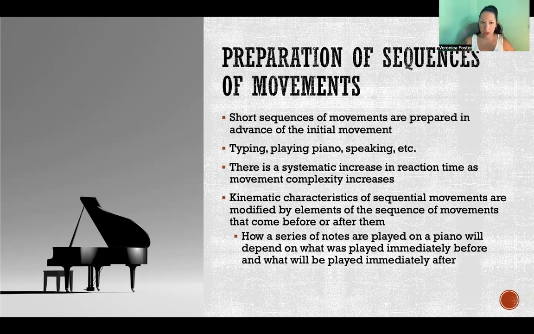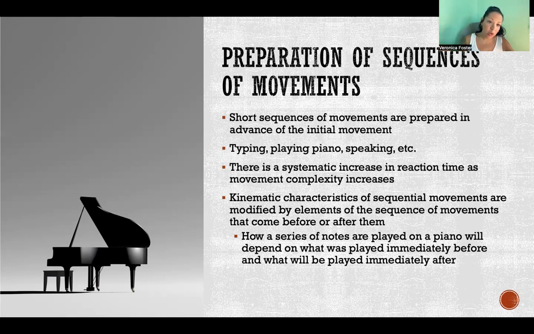So take playing piano, for instance. If you're going to play a series of notes or a series of keys, you will do that differently depending on what came before and what came after. Maybe if it's just a series of 3 notes, you just go 1, 2, 3, with those fingers.